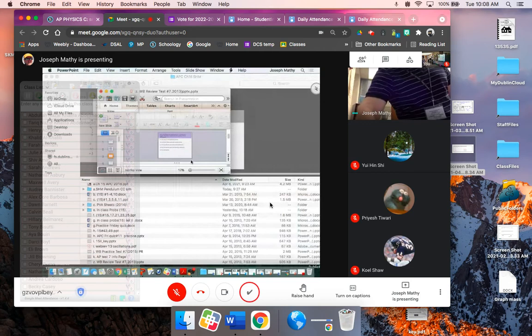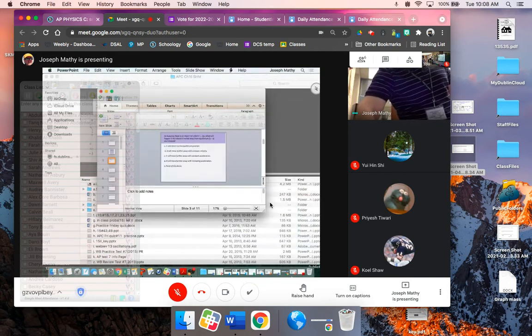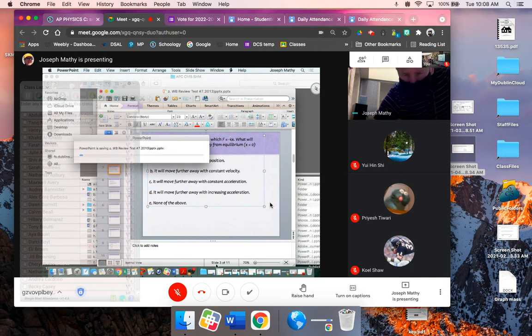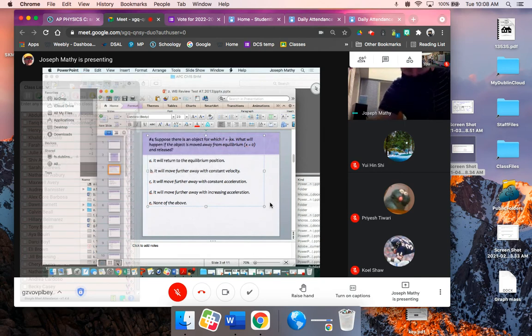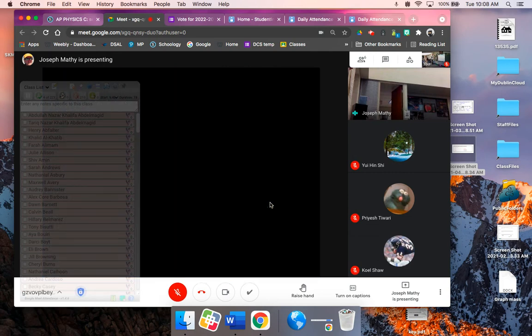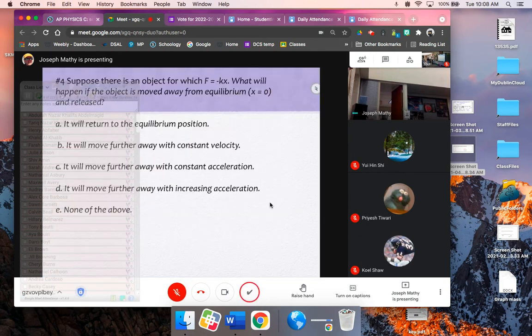Whoa. That's just a typo. If you don't have a negative kx, there's no Hooke's law. That's a restoring force, not a shoving force.